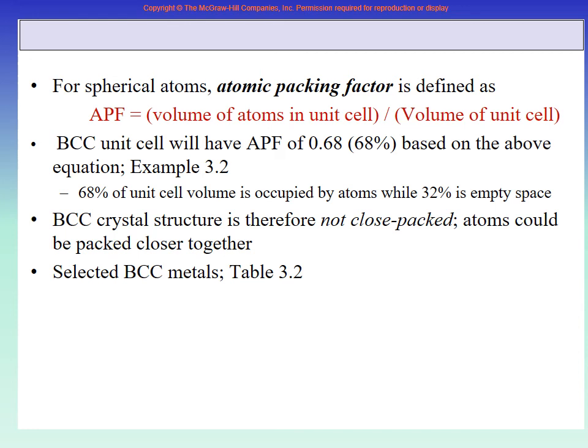So this is big for you to understand, that this is sort of a density, as I told you, right? The total unit cell, the box of A cube, is there. You fill it with atoms in a BCC manner. So 68% of the cubic cell is filled up with solid material and 32% is empty, right? Because 32% is empty, we don't call it close packed. For close packed, it should be more packed than this one.